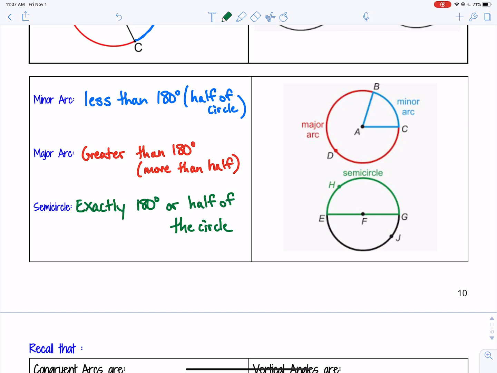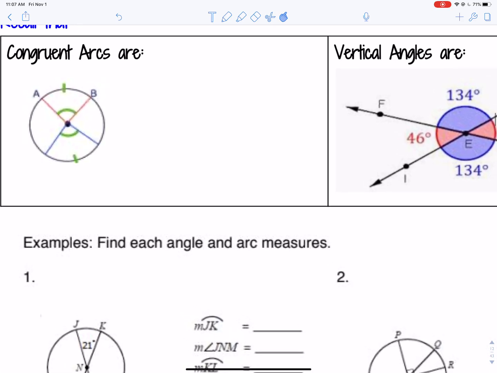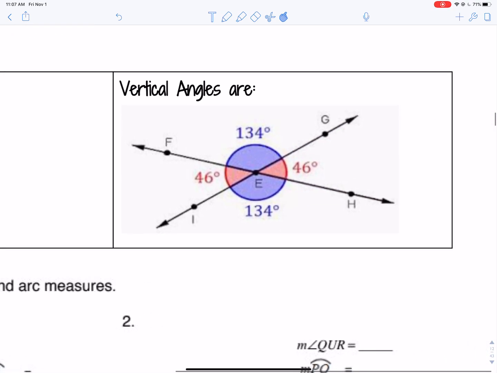And then two more things to just review for a minute is congruent arcs versus vertical angles. So congruent arcs are when you have two arcs in your circle that have the same central angle and then they are equal to each other, but they are not necessarily vertical angles, which also occur sometimes. So just to reminisce, vertical angles are when you have two lines that would intersect through your circle and maybe touch.